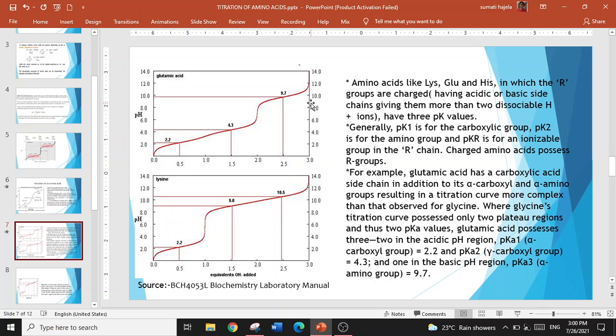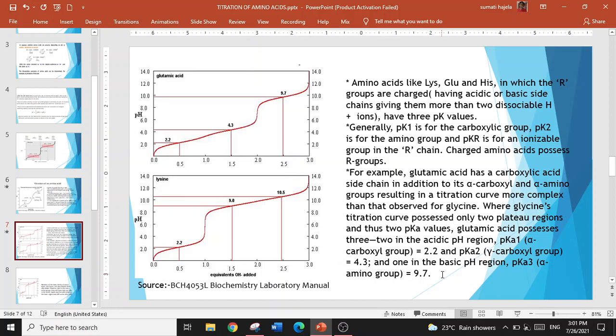तो ग्लूटामिक एसिड में दो कार्बोक्सिलिक ग्रुप्स हैं. pK1, alpha carboxylic group, for glutamic acid is 2.2. pK2 is gamma carboxylic group, 4.3. दोनों जो है एसिडिक ग्रुप में होंगे, एसिडिक पीएच के रेंज में होंगे क्योंकि कार्बोक्सिलिक ग्रुप्स हैं.